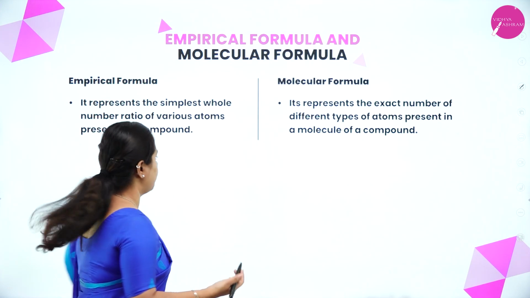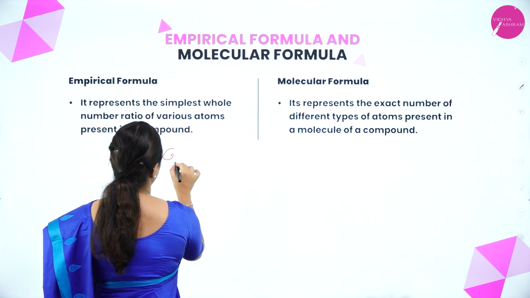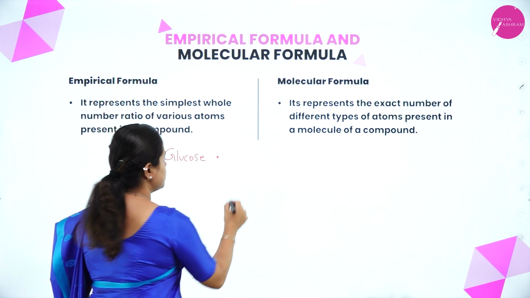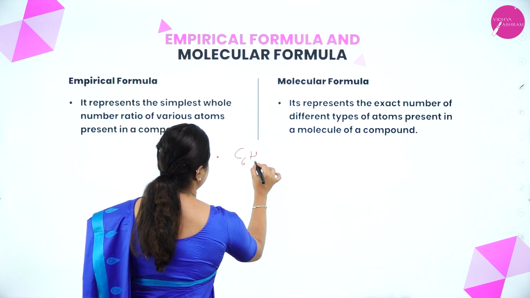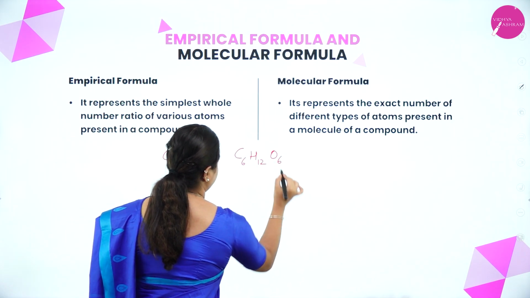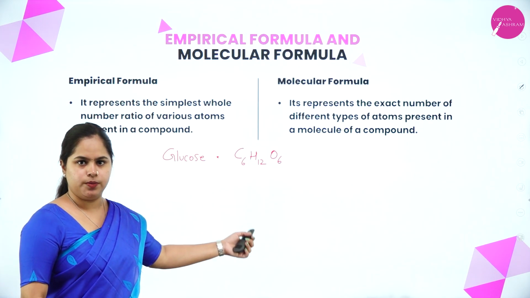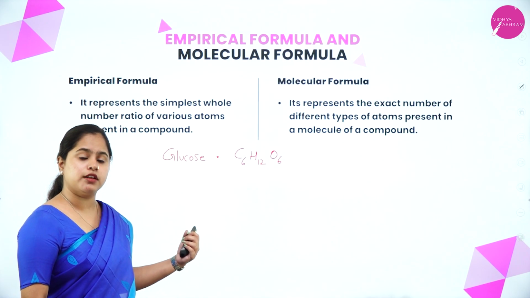So, let us take an example here. Let us take the example of glucose. You know the molecular formula of glucose, it is C6H12O6. Yes, so this is the molecular formula for glucose, right? Now, what will be the empirical formula?